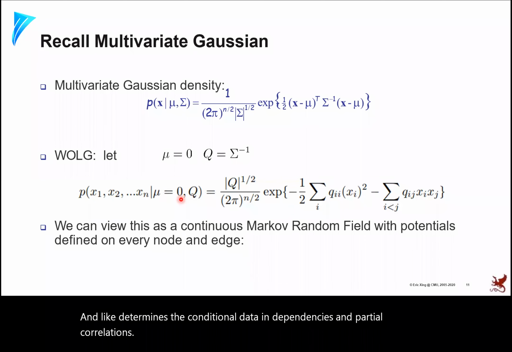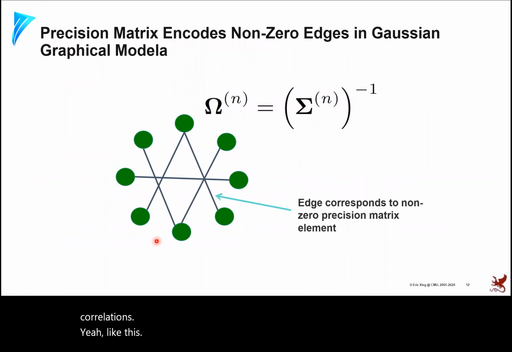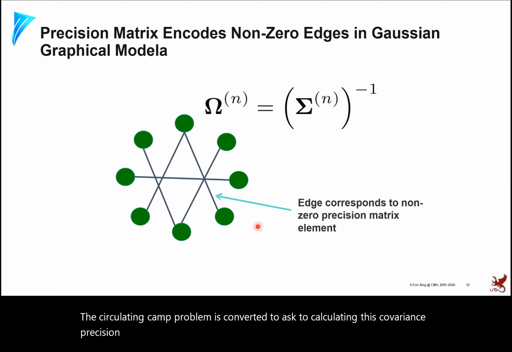So then it seems that the structural learning problem is converted to calculating this precision matrix, and by definition, if the mean is 0, then the precision matrix is exactly the inverse of the covariance matrix.